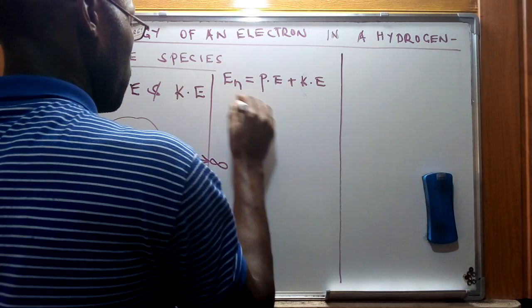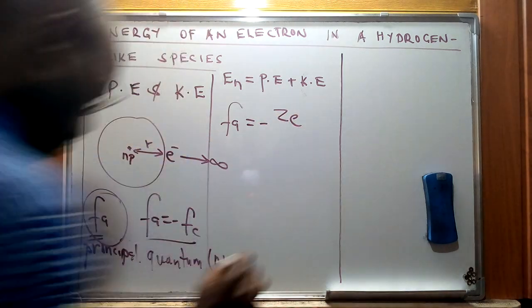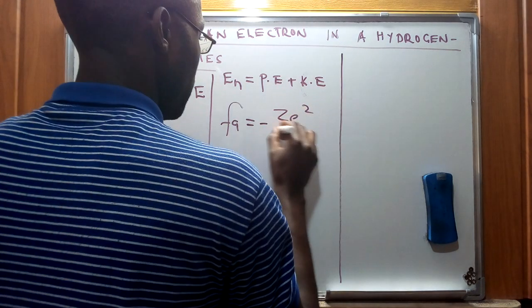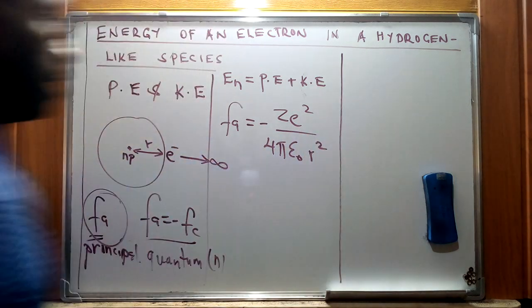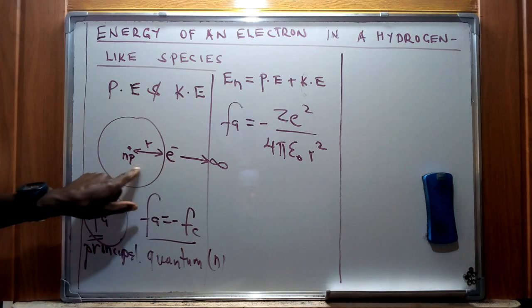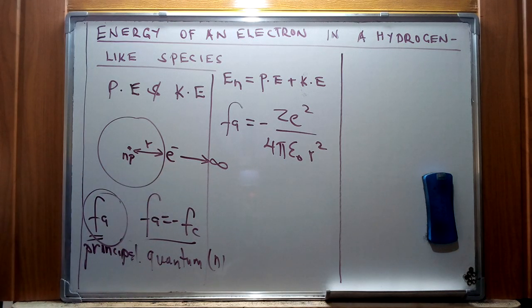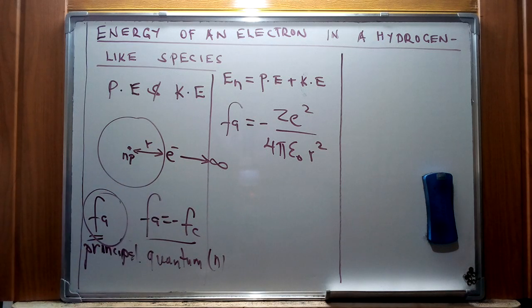We can represent these forces of attraction using this relationship, which we had given as Ze squared over 4 pi epsilon naught r squared, describing the forces of attraction experienced between the proton and the electron at this point.